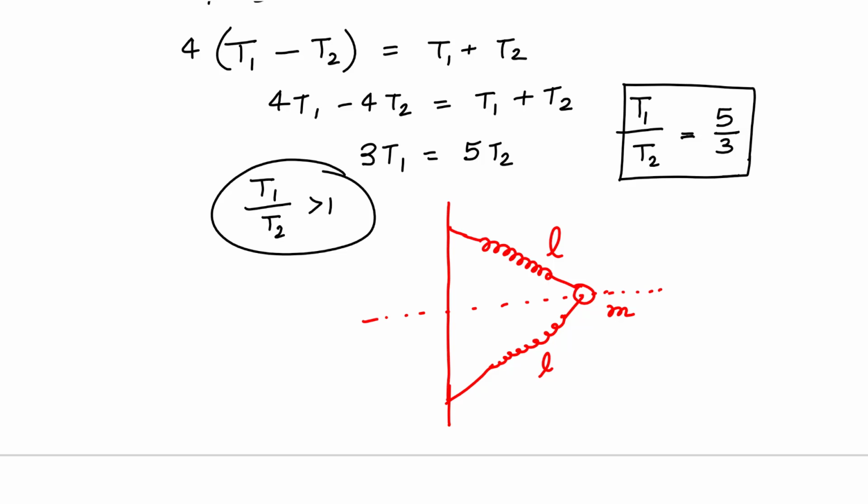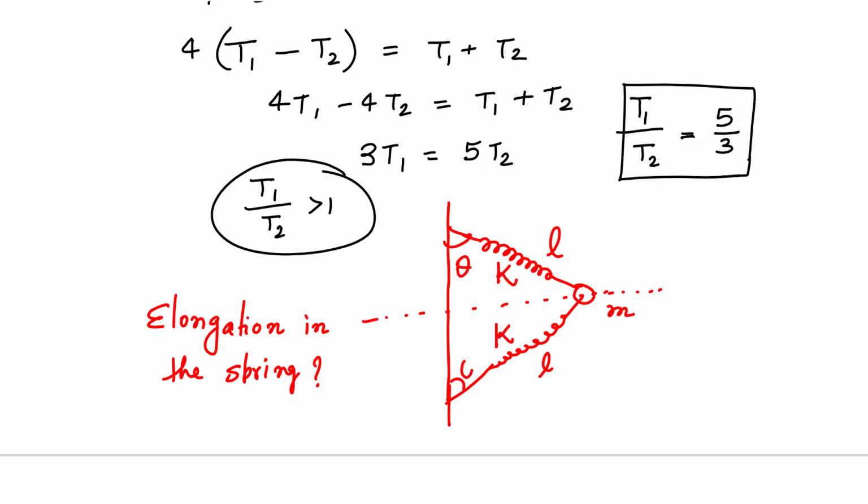Now you have to find what will be the elongation in the spring. And the k value is given. Both have the same k, everything is symmetrical, and this is again moving in a horizontal circle, something like this.